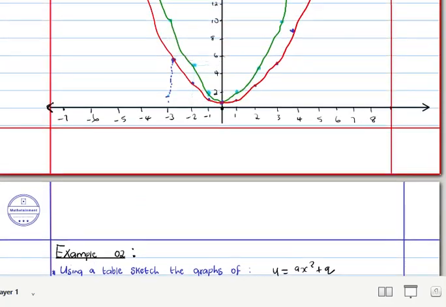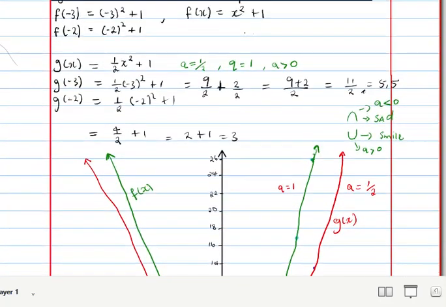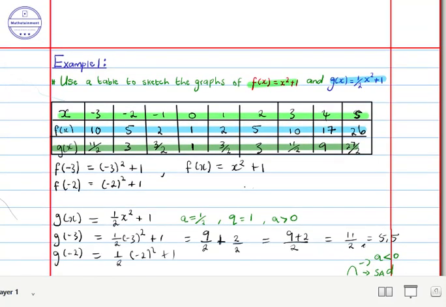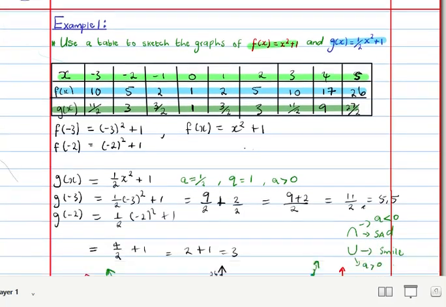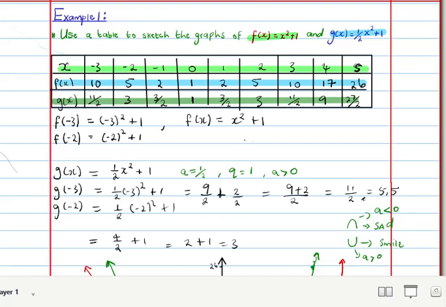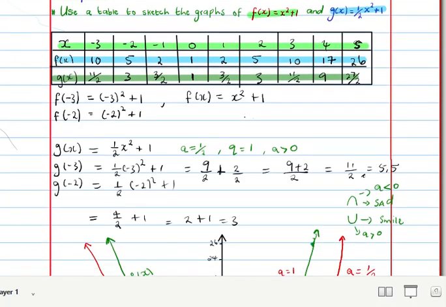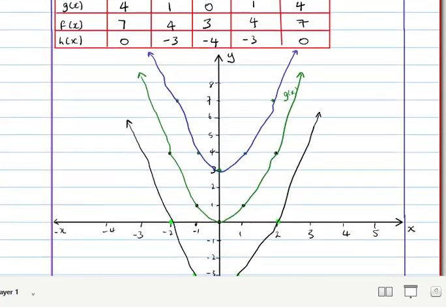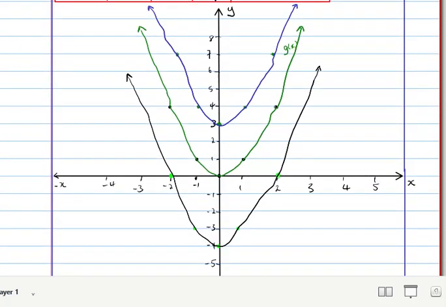I hope using this information I shared with you, it will be easy for you to sketch the graph using the table. That is the simplest way you can use to sketch your graph.